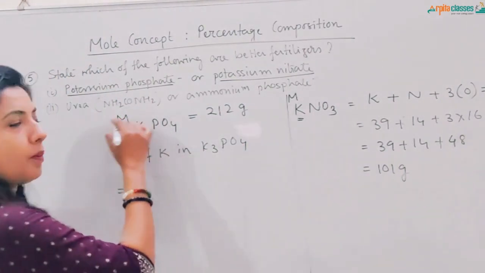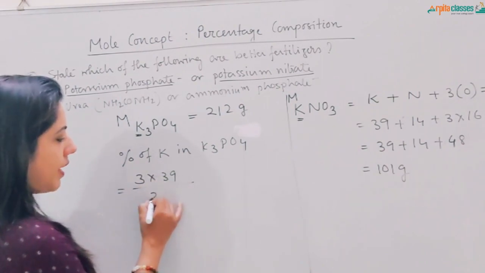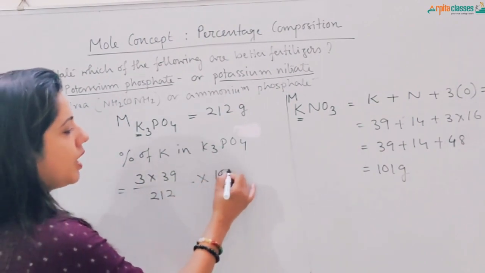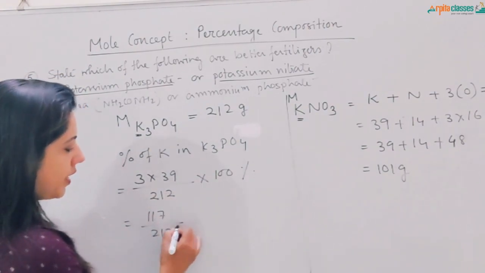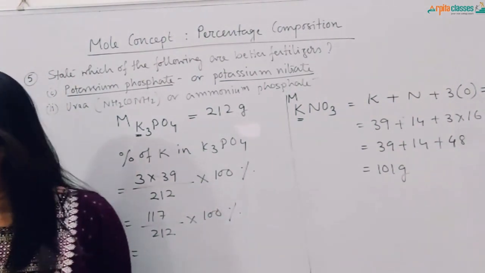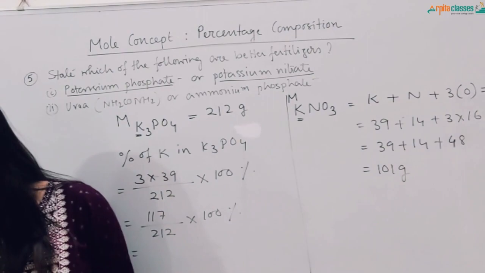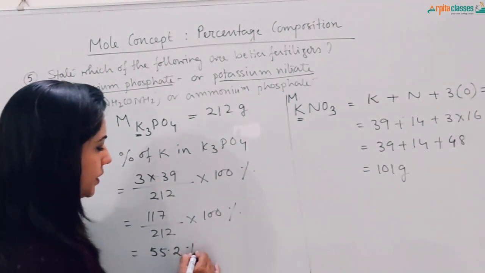So that is weight of potassium, which will be 3 into 39 in the numerator divided by 212 into 100%. So this is coming 117 upon 212 into 100%. If you do this calculation, we can do the calculation. I have done it here. It is coming 55.2%. So this is 55.2%.